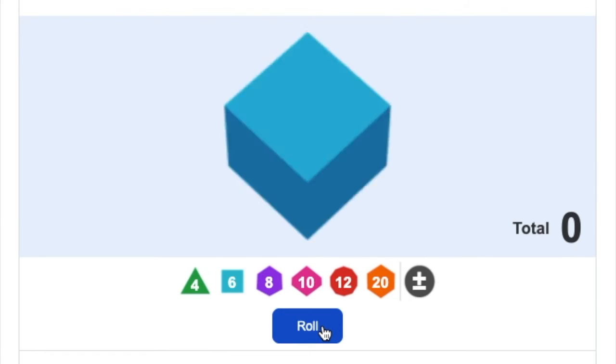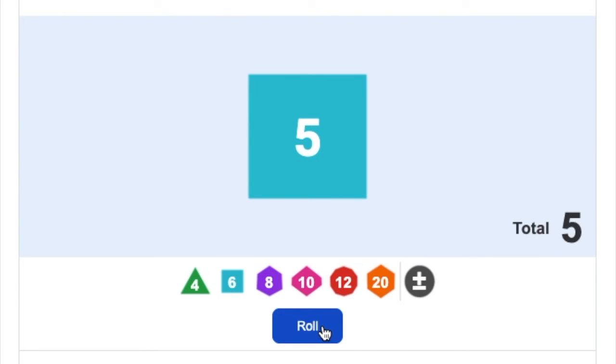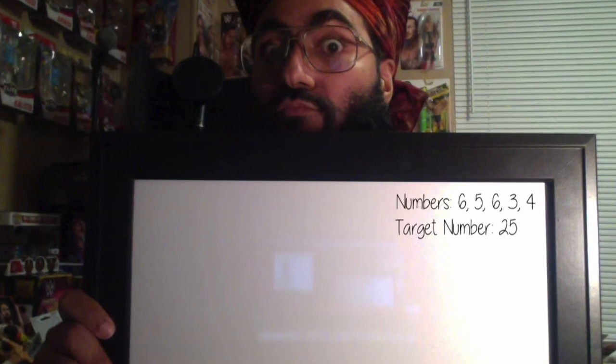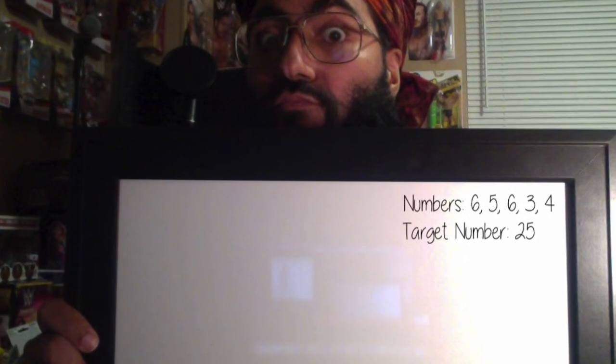Next, I'm going to roll the dice 2 more times and multiply those 2 numbers together to get my target number. Here are our numbers and our target number.